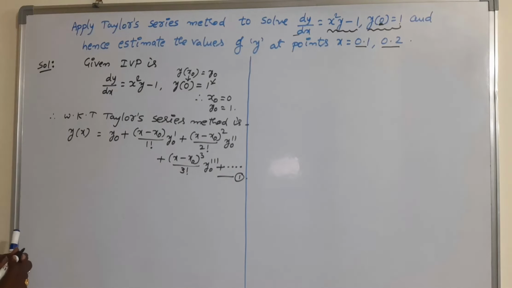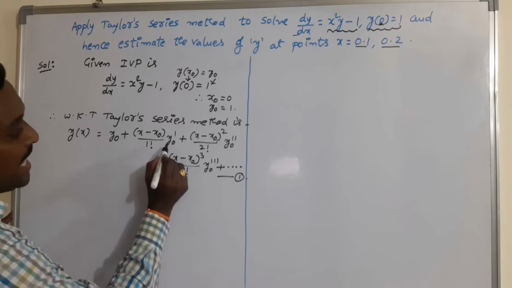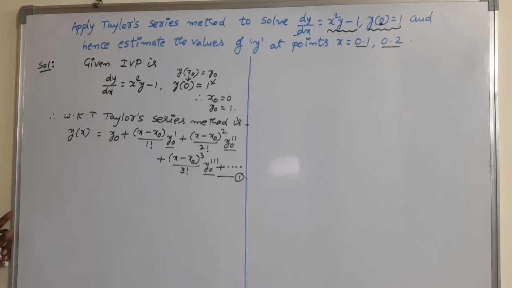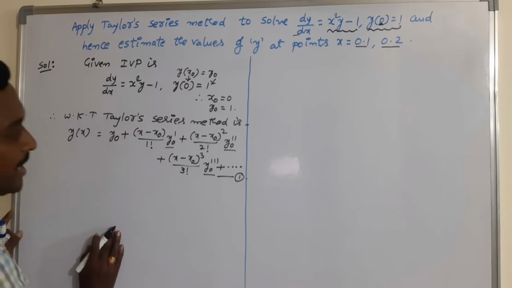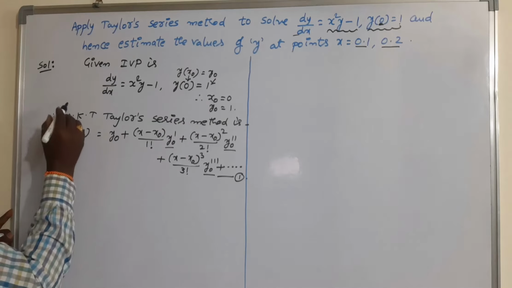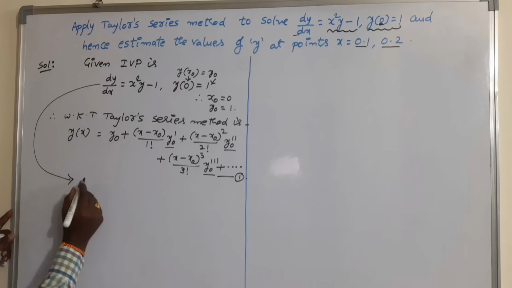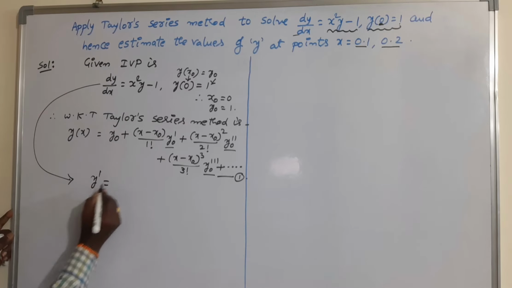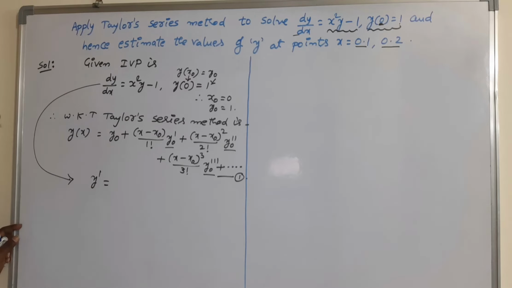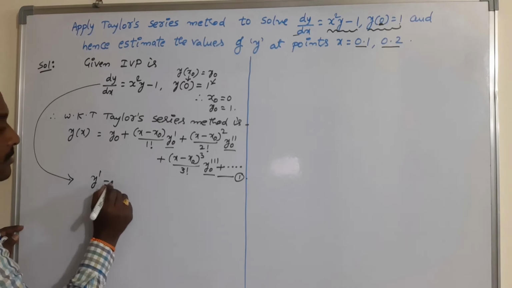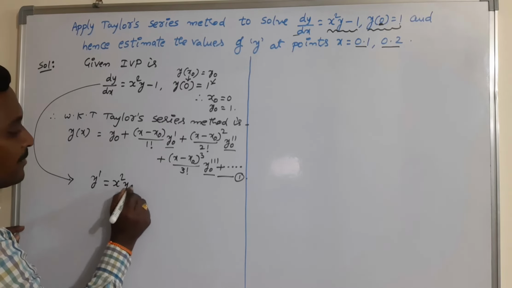So it is enough to find out the derivatives like y naught dash, y naught double dash, y naught triple dash, etc. We have to find out at least 3 derivatives from the given problem. From the given problem, dy by dx can also be written as y dash. Everybody knows that another representation of derivative of y with respect to x is y dash is equal to x square y minus 1.